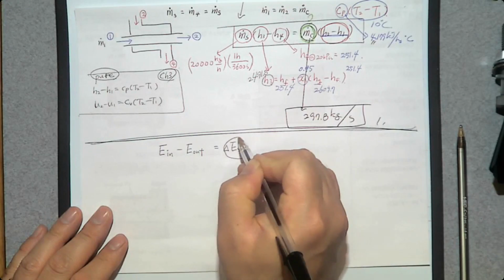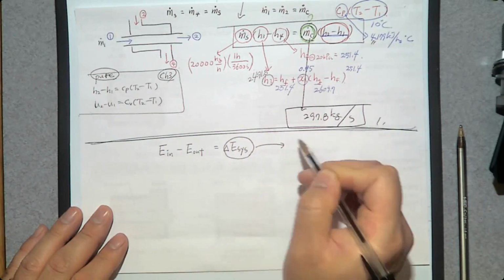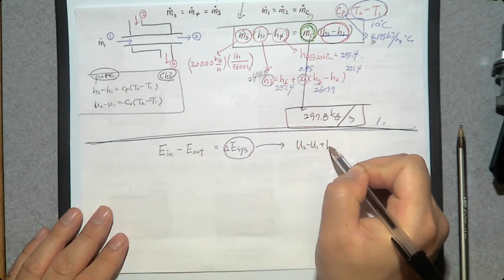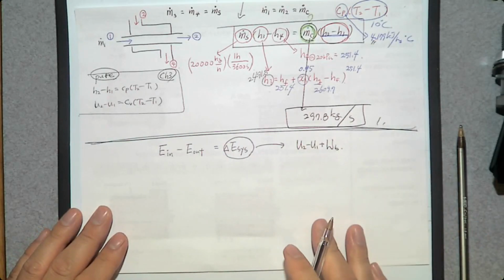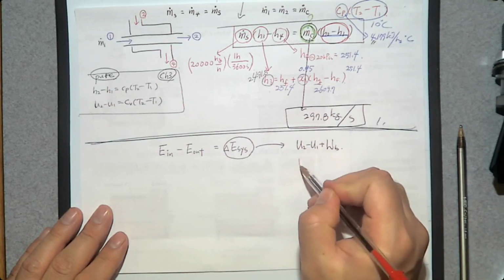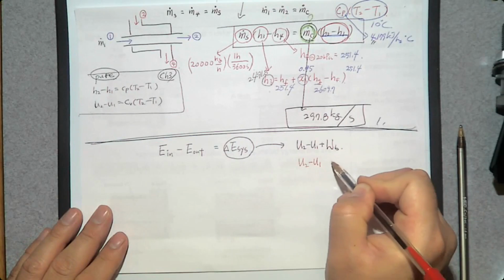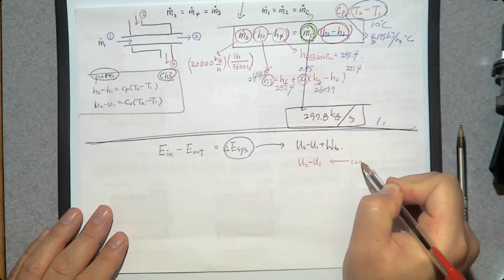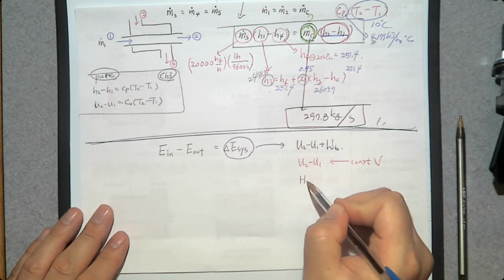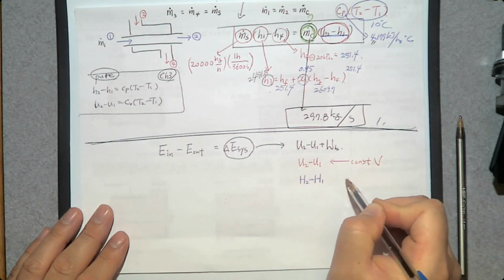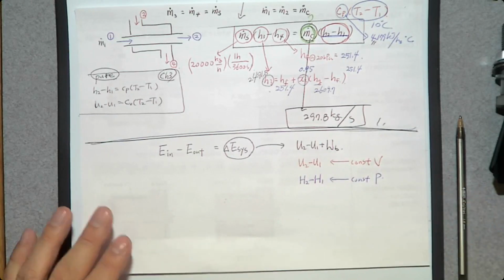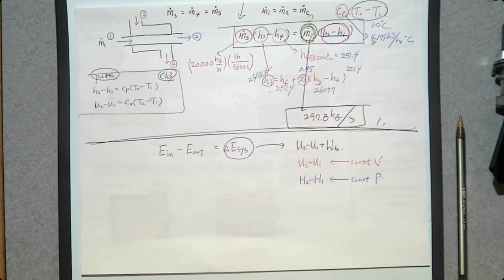We studied it in chapter 3: U2 minus U1 plus moving boundary work. If it is a constant volume process, U2 minus U1. If it is a constant pressure process, H2 minus H1.